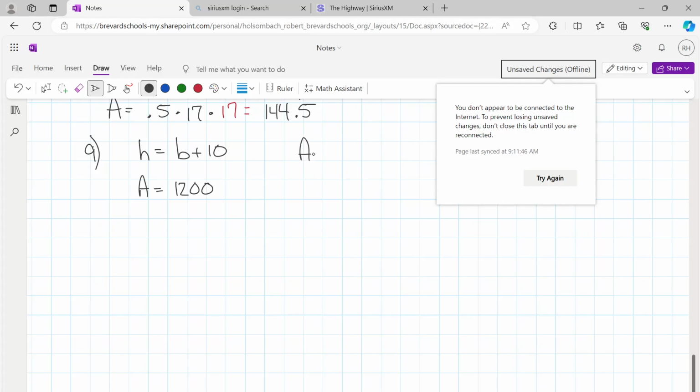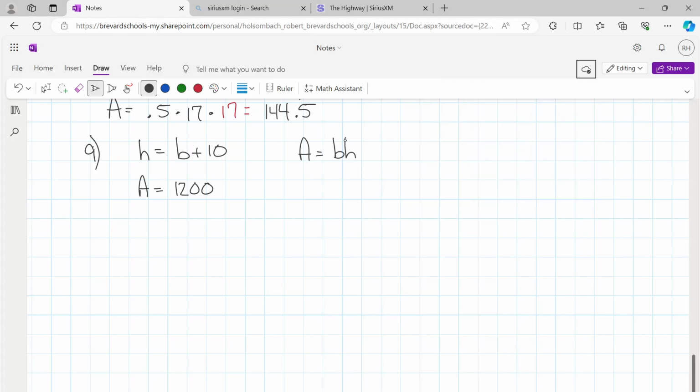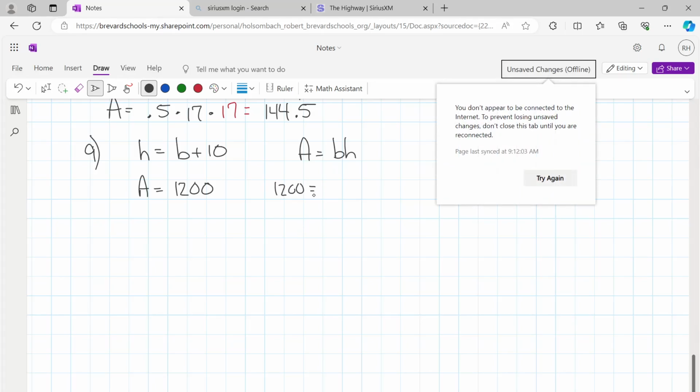Well, area equals base times height in a parallelogram. So we're going to take the information given, substitute it, solve for one variable, and then substitute again. So our area, 1200, is equal to the base times the height. But our height is right here. Our height is b plus 10.